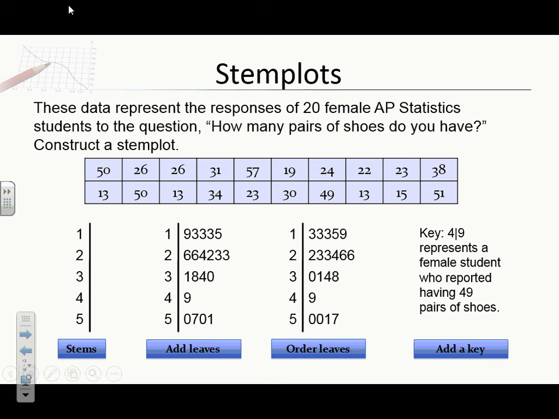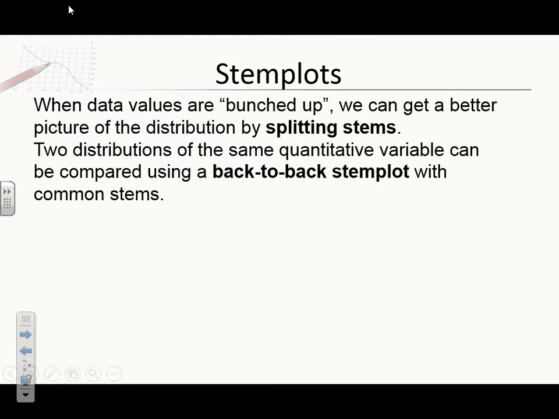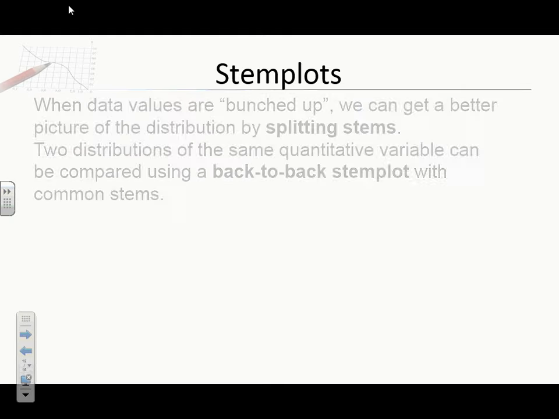You can go straight from having your stems to here by simply arranging them as you go. Pick out which ones you have and then just put the smallest one first and work your way up. So this is an added step I don't do. The book will have you do it, but you don't need to do that as far as working all that stuff out. Okay? Last thing, splitting stems and back-to-back stem plot.